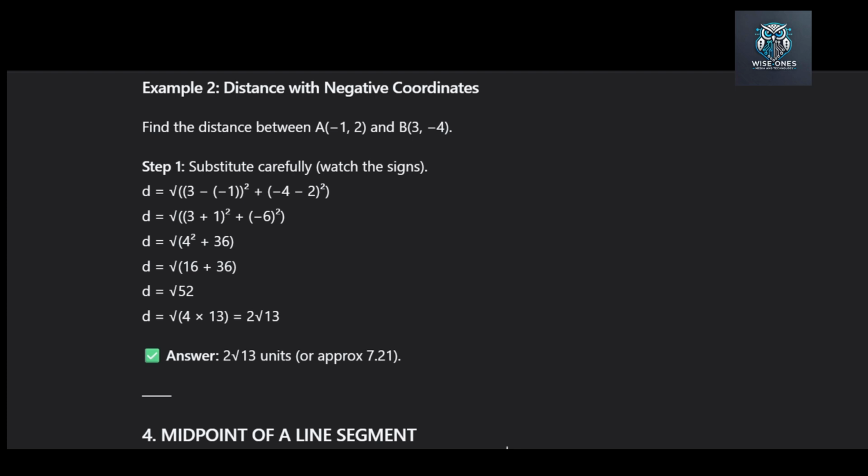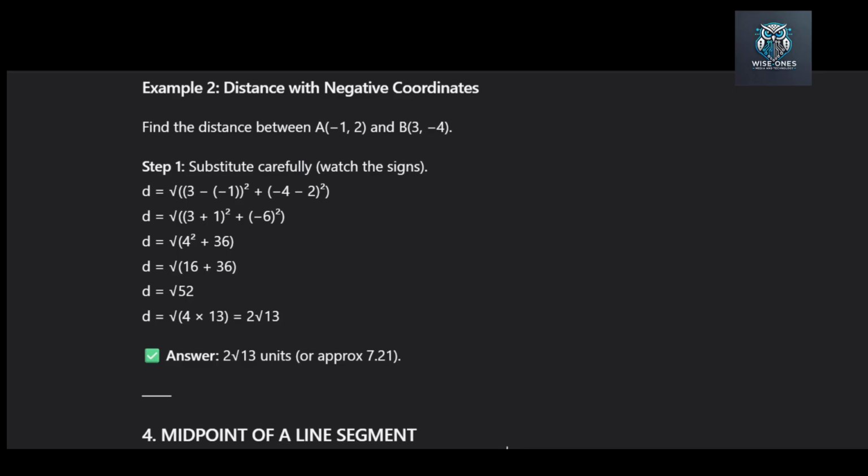So we write d equals the square root of ((3 minus (-1)) squared plus ((-4) minus 2) squared).